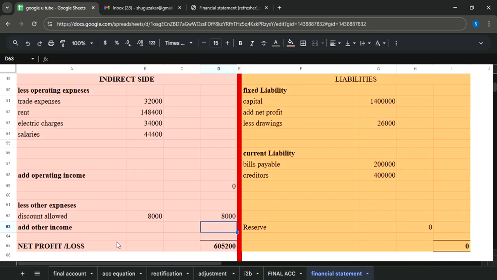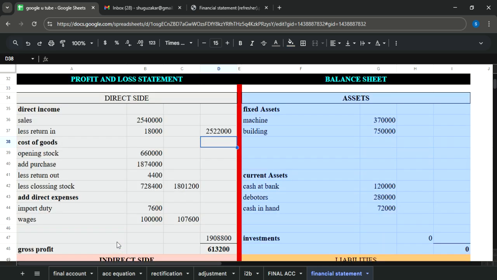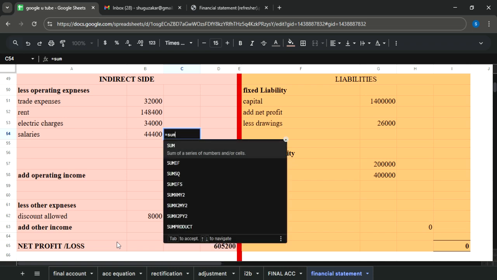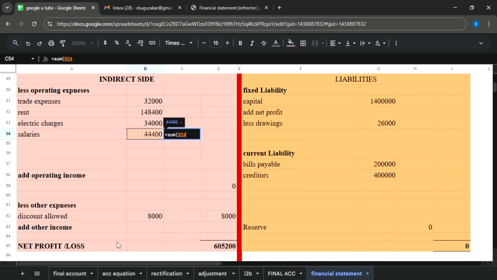After gross profit, we are now ready to calculate our operating expenses. Total operating expenses, here you will calculate. There are 1, 2, 3, 4 operating expenses.